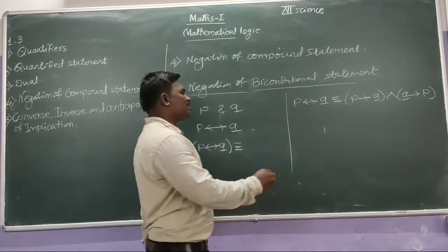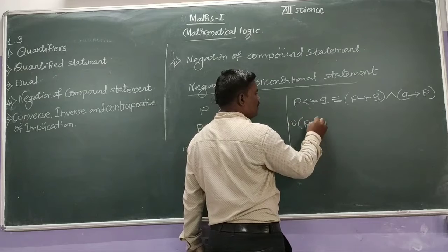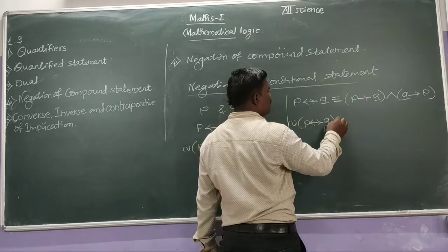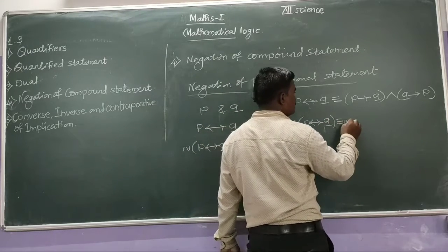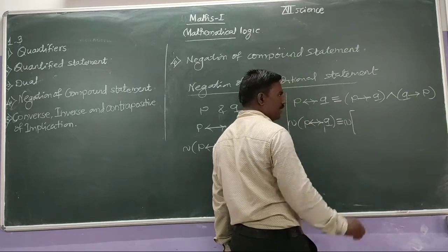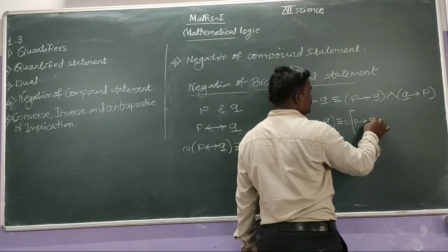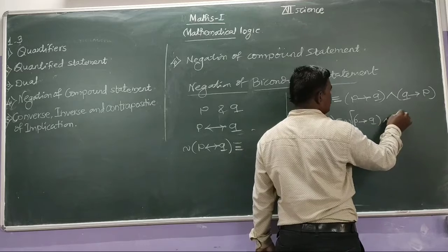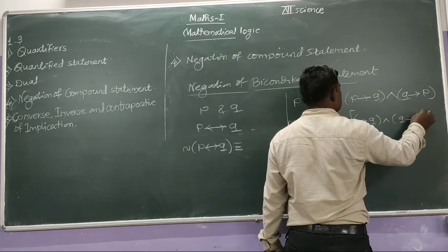Take its negation, that means negation of P implies Q and Q implies P, which is equivalent to negation of in bracket P implies Q and Q implies P.